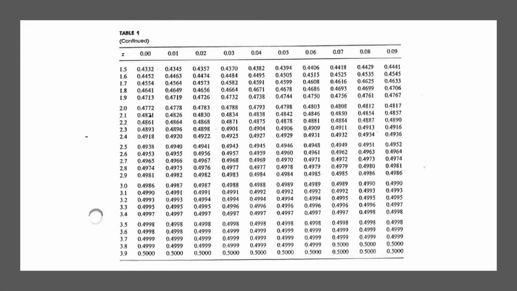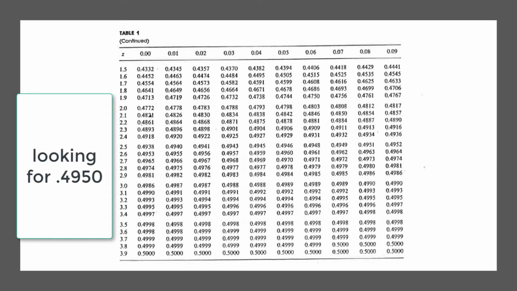So we look through our z-table and we're looking for 0.495, and we're looking and we're looking. And so we isolate this row. Okay, we see that we've got some numbers here. We've got 2.5, and we run all the way through that row looking until we get to 0.495.